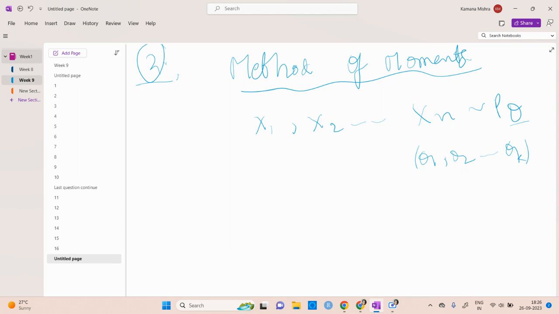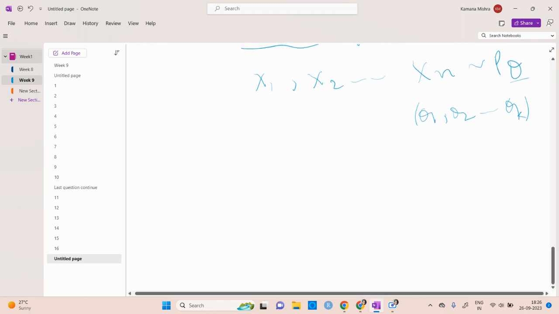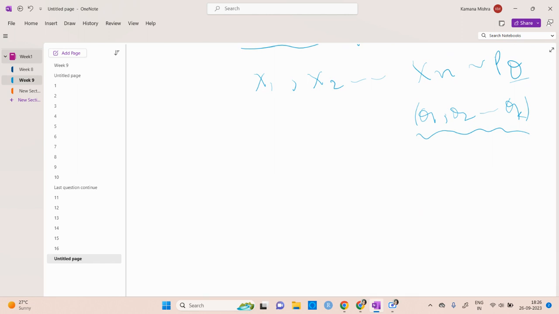So depending on the distribution, these parameters will change, but overall, let's say we have k parameters for any kind of distribution. So we have mu1 dash equal to some g1 of theta 1 up to theta k, and similarly for the others.